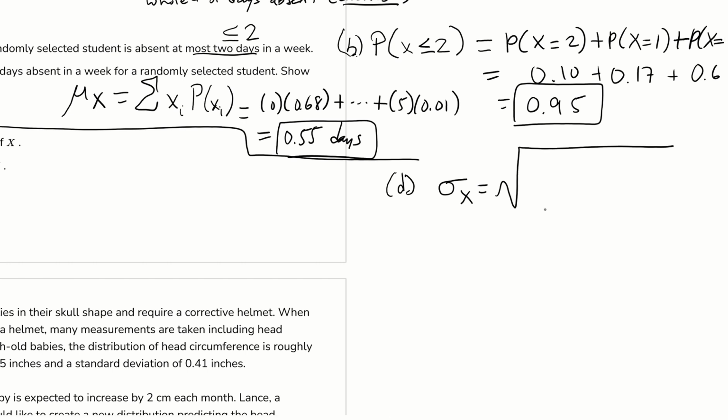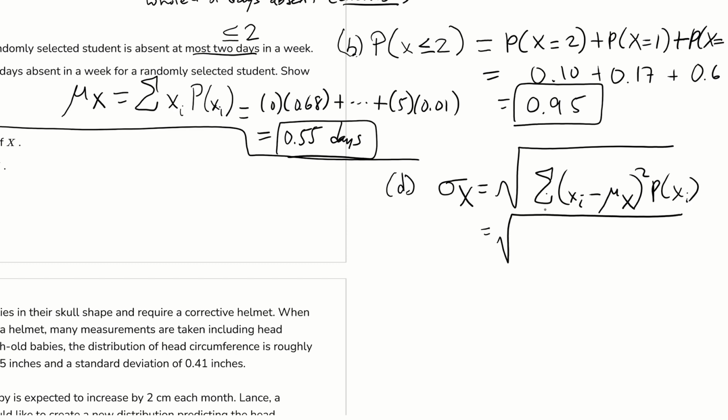Sigma x equals the square root of the sum of the x value minus the mu, squared, times the probability.